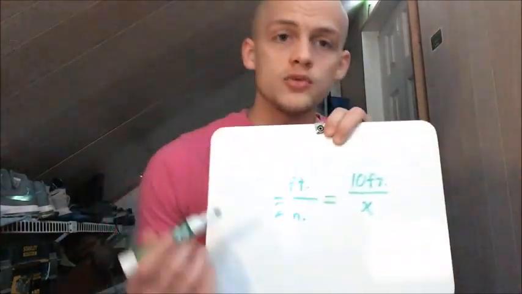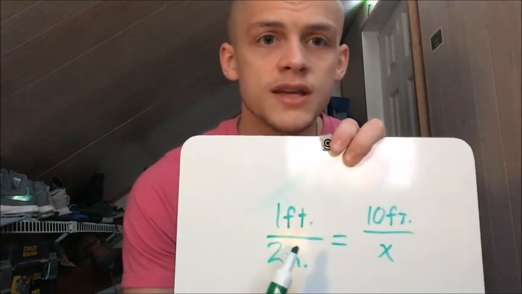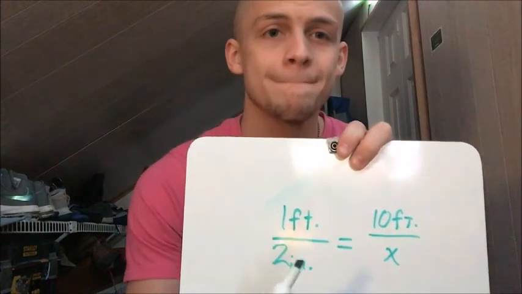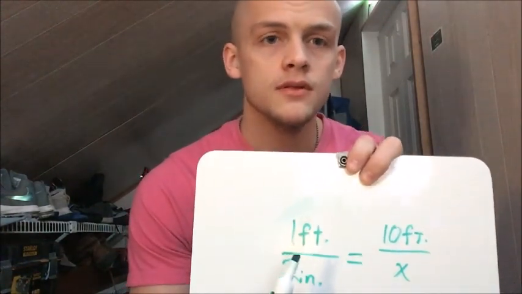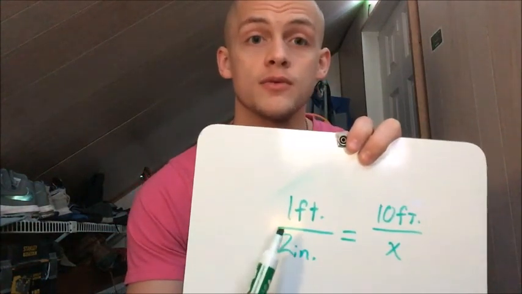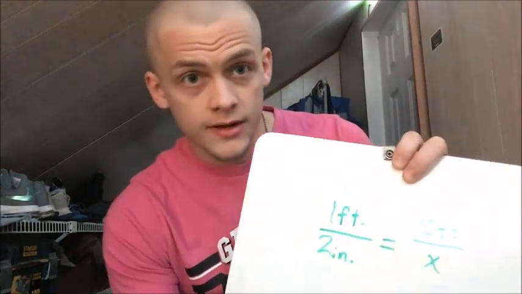So in proportions, you always want your units of measure, the same one, to be across from each other. And you want the one you're comparing to the other one to be up and down from it, or to be under it, right?